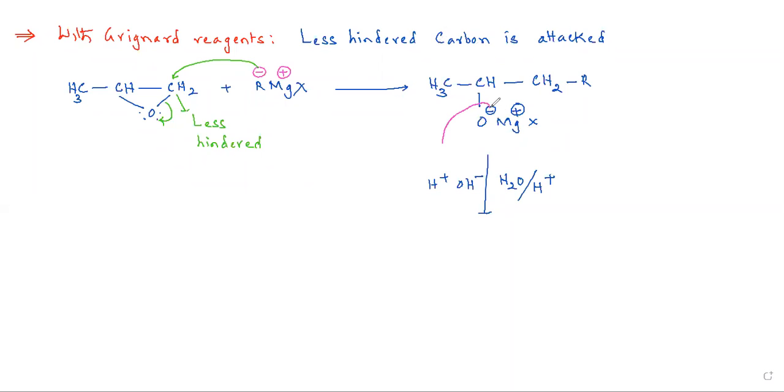Now this minus with H plus, then this one goes off. So we get CH3, CH, O minus and H plus, then CH2R. Along with this, we get magnesium hydroxy halide. This is how with the Grignard reagents also we get alcohols.